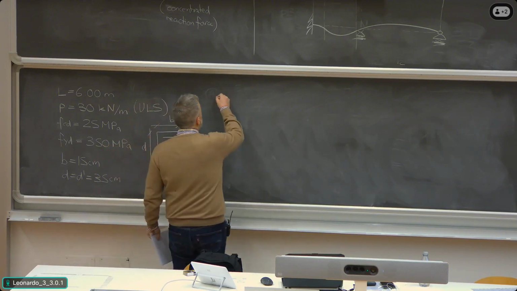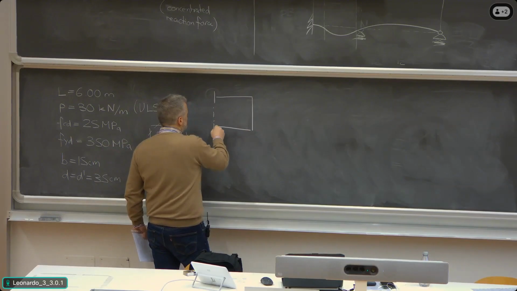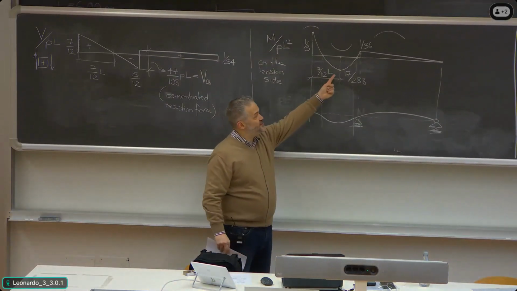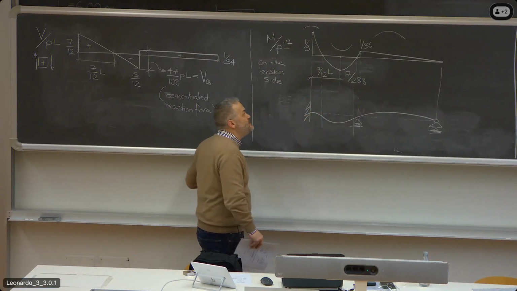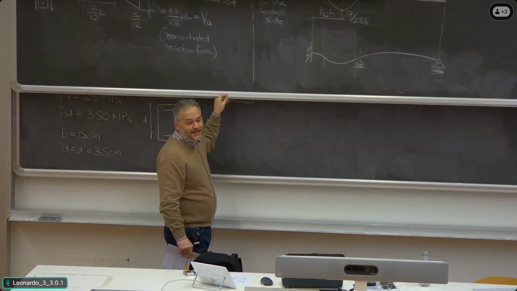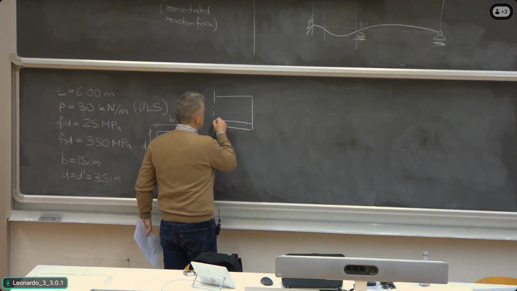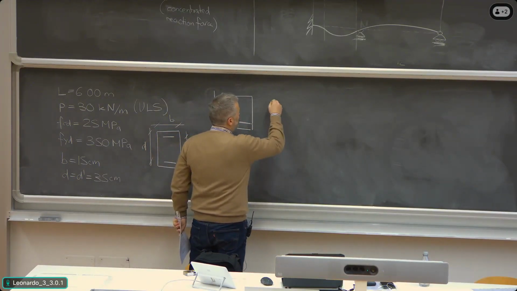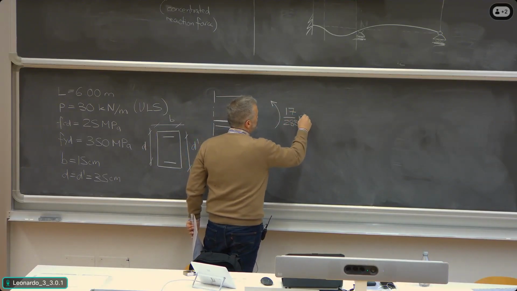So we have a section where we have a positive bending moment, which means tension is at the bottom, which means we are designing the bottom reinforcement, so we are interested in designing this one. We know the bending moment is 17 divided by 288 PL square.